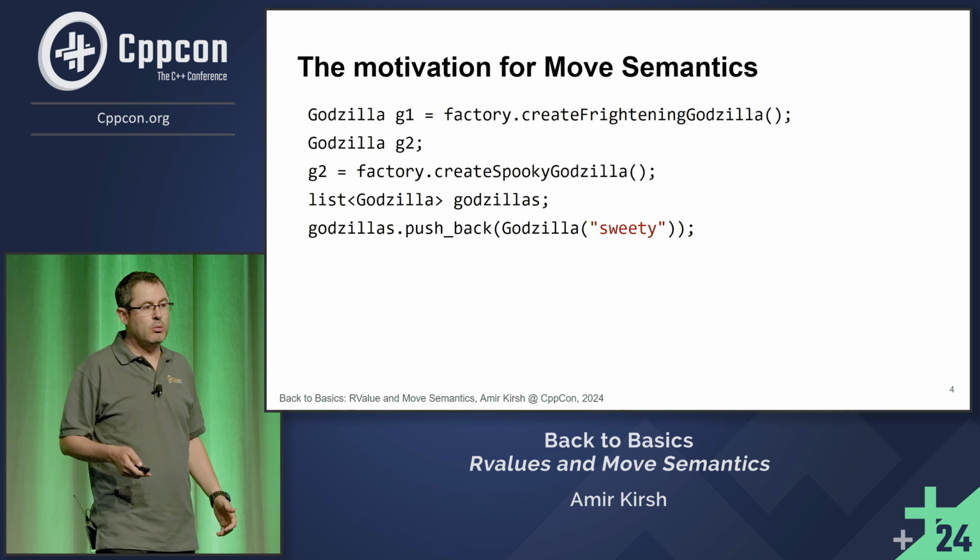Now, we couldn't take the actual object into the list because the object was created here. Unless, of course, maybe there is some optimization, but let's assume that the compiler was not able to perform any optimization. Then there is an object being created on one side, and then the object is passed to another side, but then the other one, which needs the values, maybe it can move, steal, take the values instead of copy them. So this is the motivation.